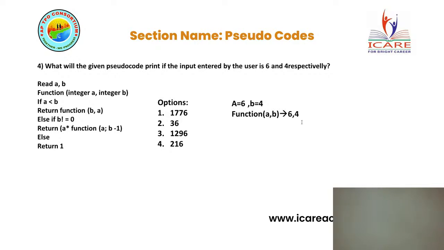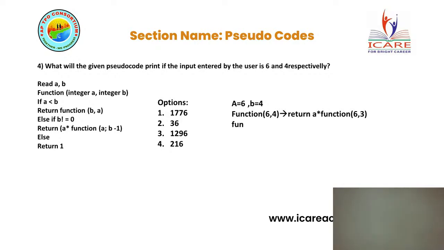Whenever we call the function with 6 comma 4, we are returning a into function of a comma b minus 1. A value is 6, 6 comma b minus 1, 4 minus 1, 3. Here we are returning a into function of 6 comma 3.